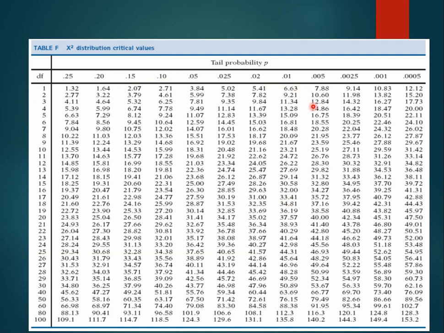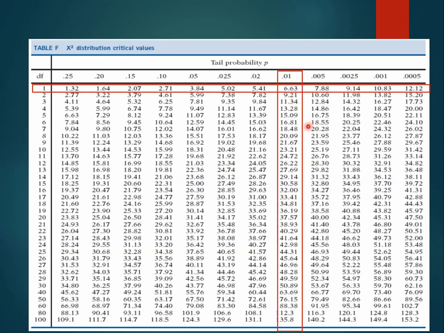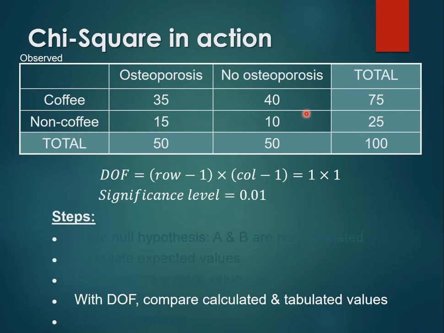So we have the degree of freedom of 1 and this 0.01 as the significance level, and the intersection of these would be 6.63. So this is our tabulated value for chi-squared. If you compare, we have 1.33 as the calculated chi-squared value, and the tabulated value given the degree of freedom and significance level is 6.63.